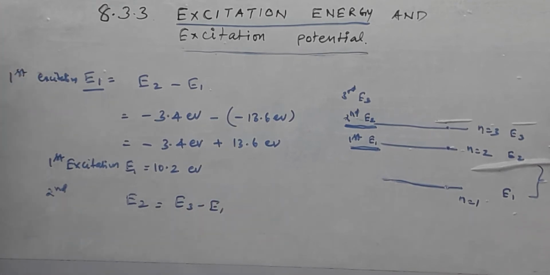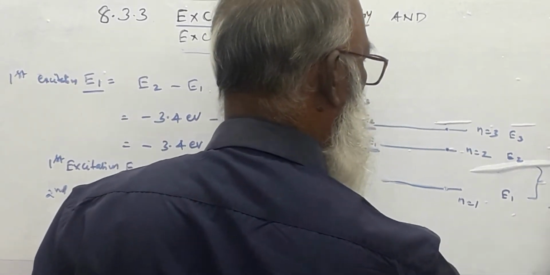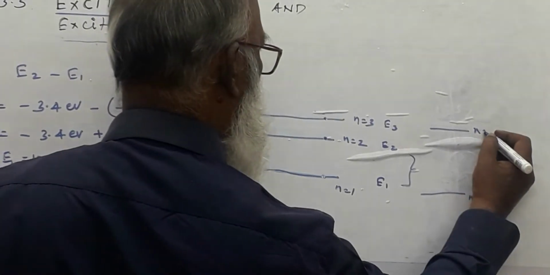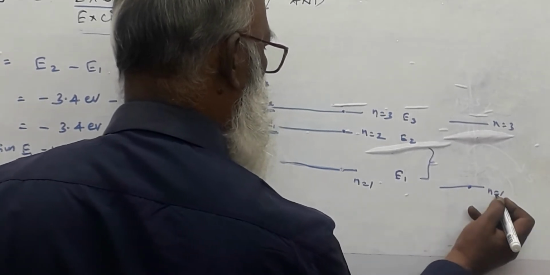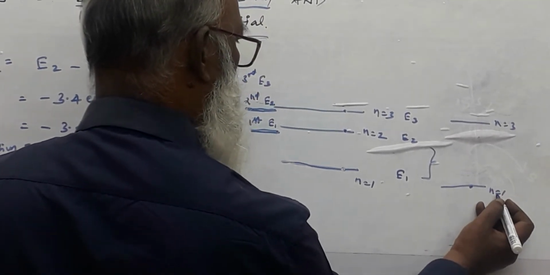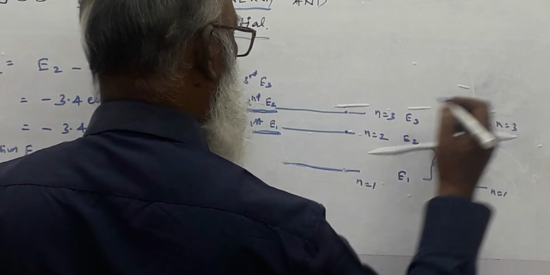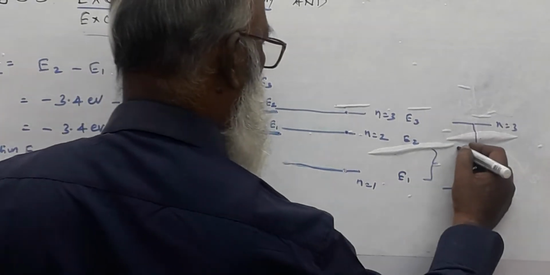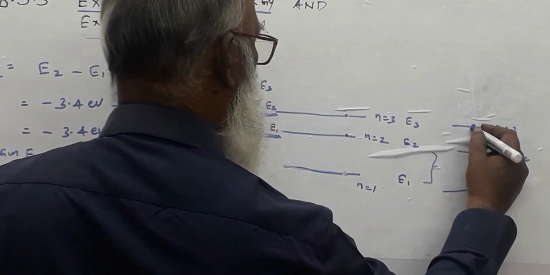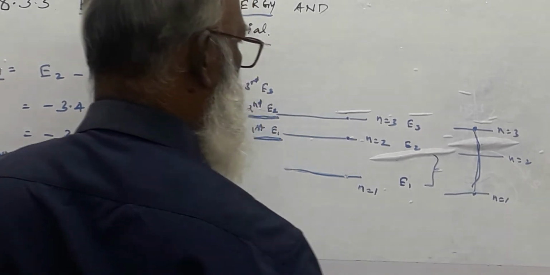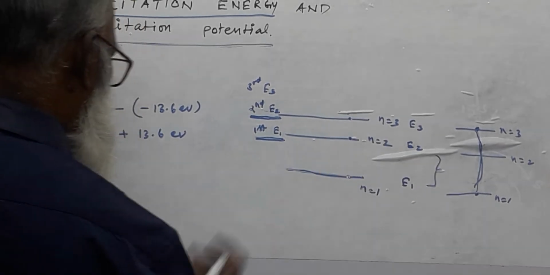That means when you bring this electron from n equal to 1 to the level of n equal to 3, the amount of energy required to bring the electron from the first orbit to the third orbit, or second excited state energy level, is called the second excitation energy. This one is the first excited state, and this is the second excited state. That's why here it is E3 minus E1.